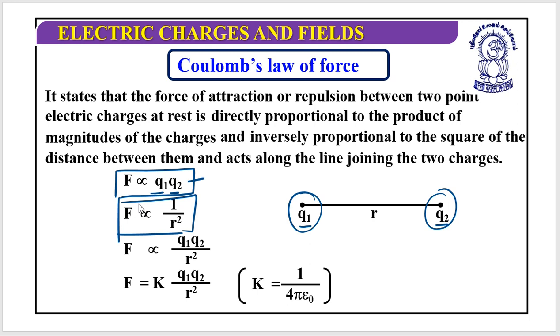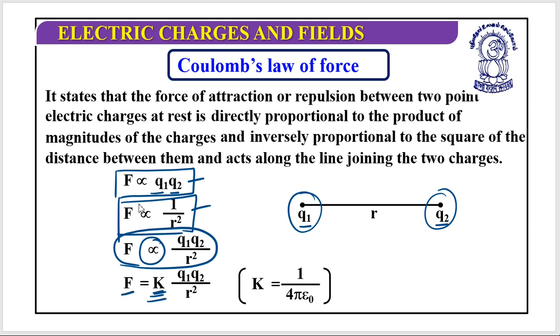When I write these two things in one relation, F is directly proportional to q1 q2 divided by r squared. If I remove the proportionality symbol, I need to add a constant, so here I am writing k, which is a constant. Generally we call this the Coulomb constant.